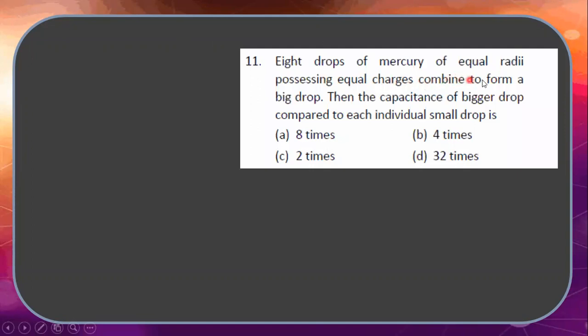Next. 8 drops of mercury of equal radii possessing equal charges combine to form a big drop. Then the capacitance of the big drop compared to the individual drops. So one big drop of radius capital R is there. The big drop is split into n identical drops, 8 drops.